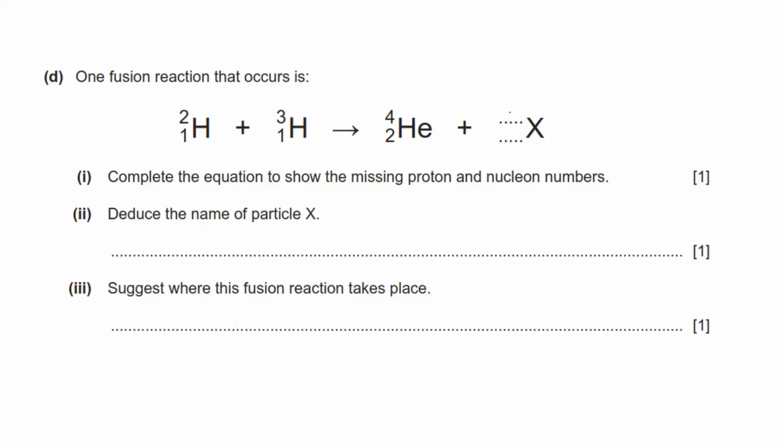We are getting 4 here, so 1 will come here. 1 plus 1 is 2, so this one will be 0. Just simple maths, nothing else. Name the particle X. If the particle has no protons but has some mass, it's a neutron. Suggest where this fusion reaction takes place. It takes place in the Sun, in stars, or in hydrogen bombs, unfortunately.